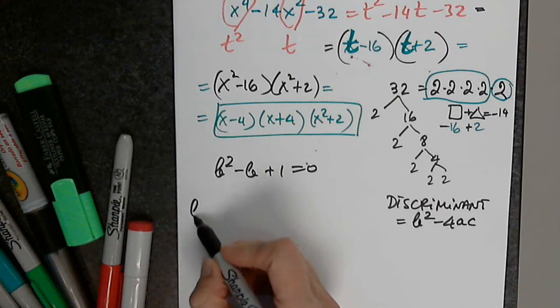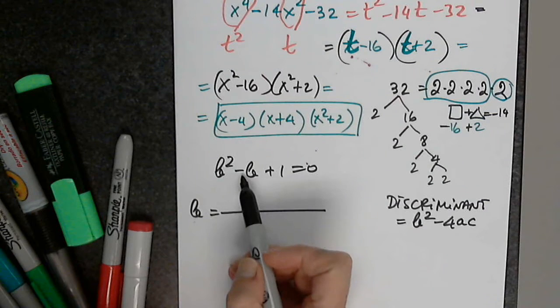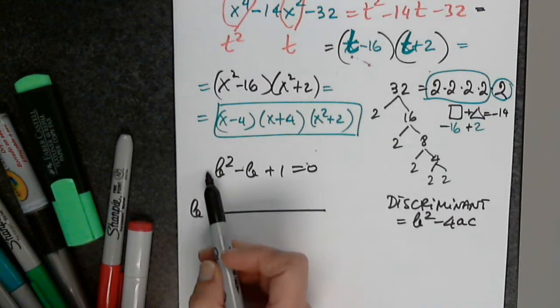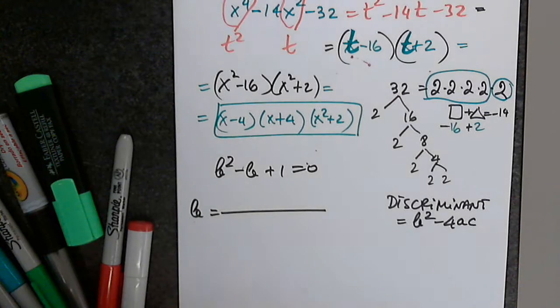Exactly. So then I have b equals, now be very careful, the variable is b and we're thinking of b. So b is the leading coefficient, b is the coefficient of b, this one, -1, and then a is 1, and then c is 1. Careful.